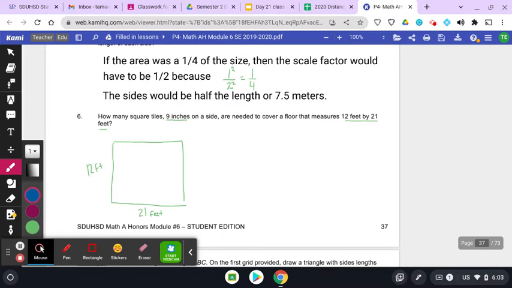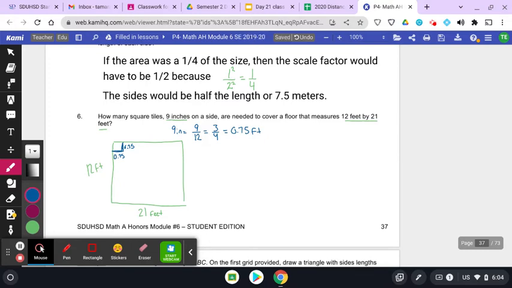A foot is 12. So 9 inches is equal to 9/12 or 3/4 or 0.75 feet. So we're putting these tiny little tiles that are 0.75 times 0.75.